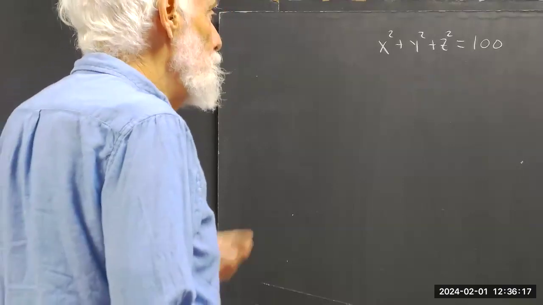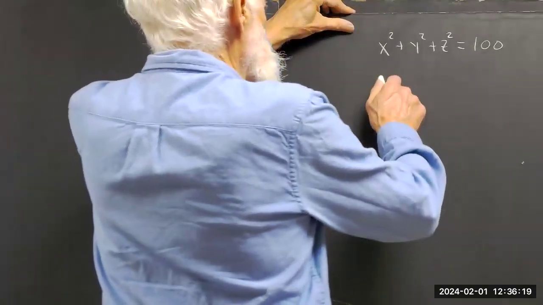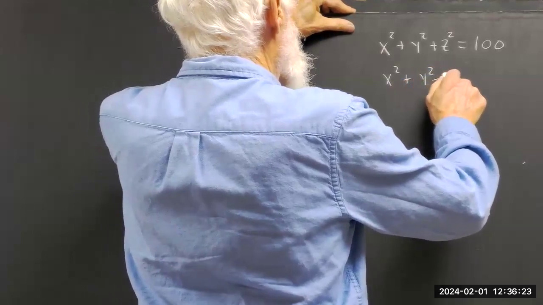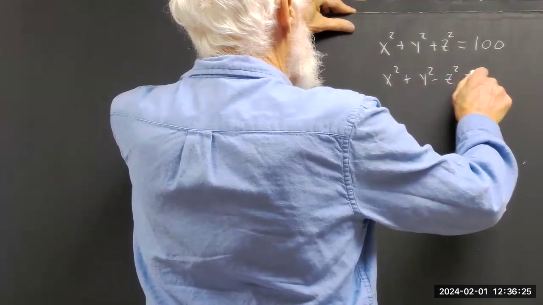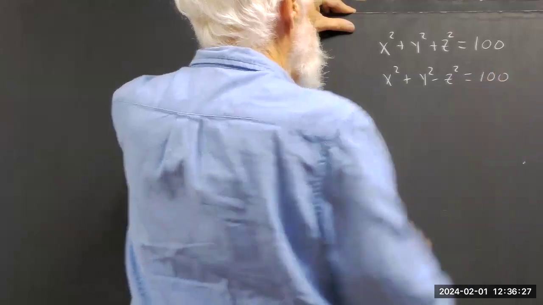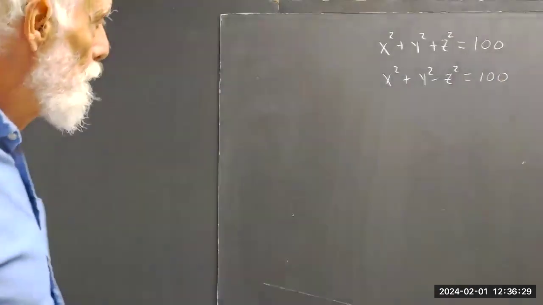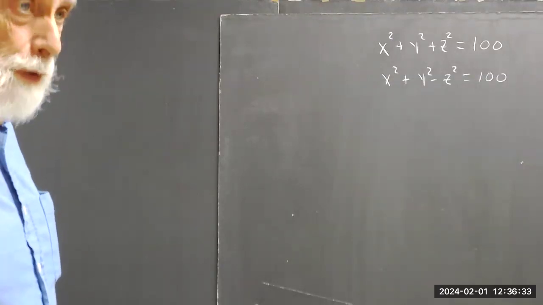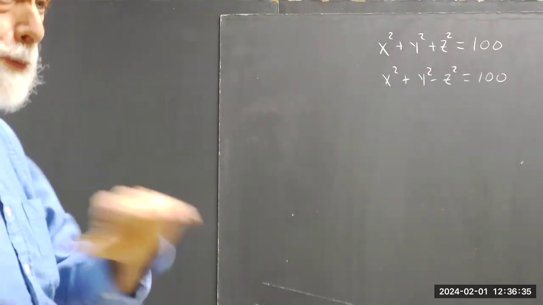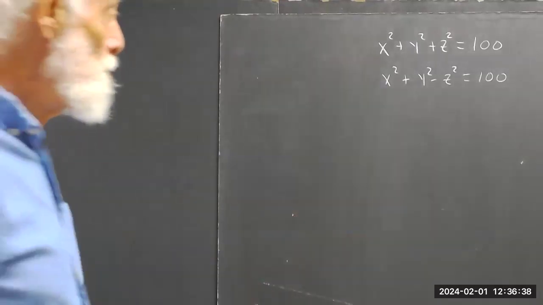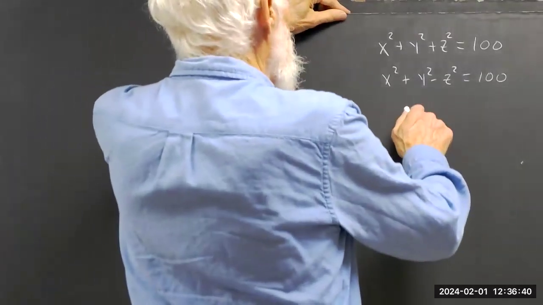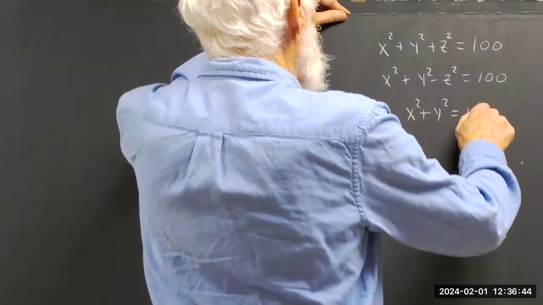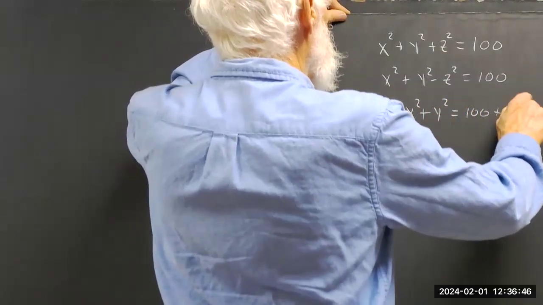So, okay, well, what if it was now x squared plus y squared minus z squared equals 100. Now, one way of looking at this is in planes parallel to the xy plane. I would say this is the same as x squared plus y squared is 100 plus z squared.